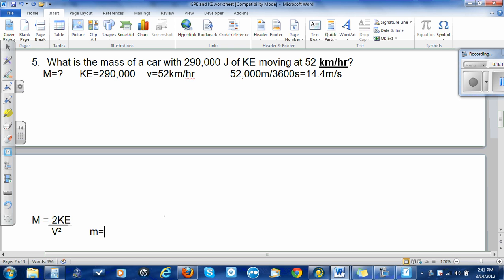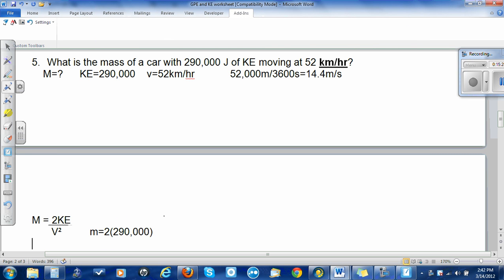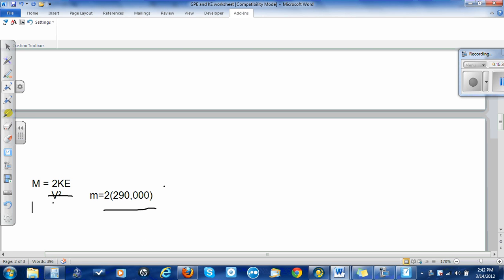So M equals 2 times the KE of 290,000, and that's going to be over my V, which is 14.4, squared.